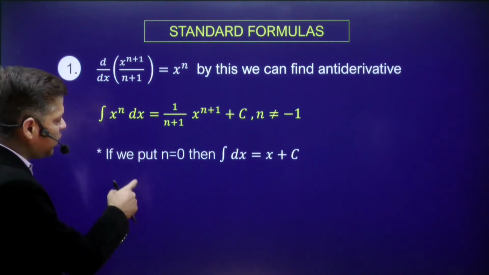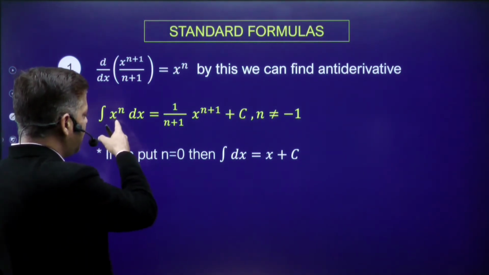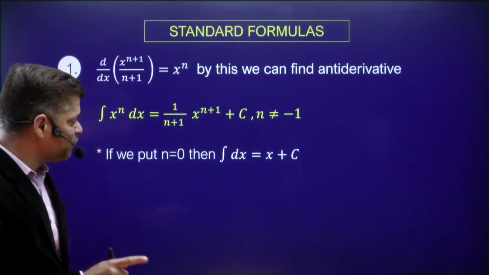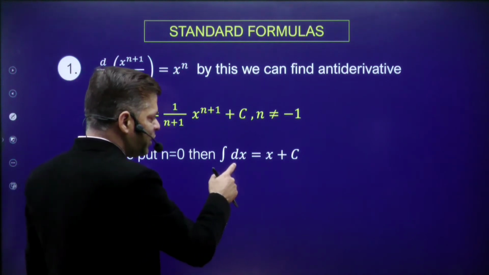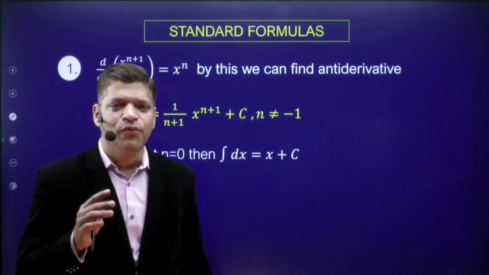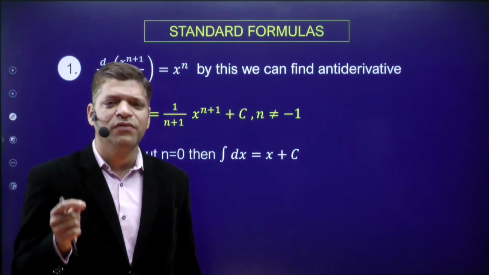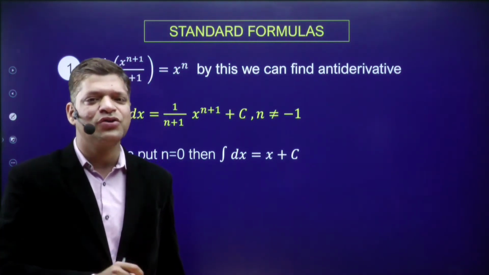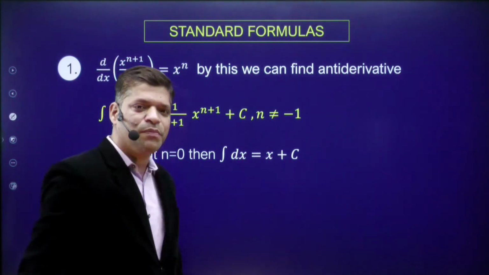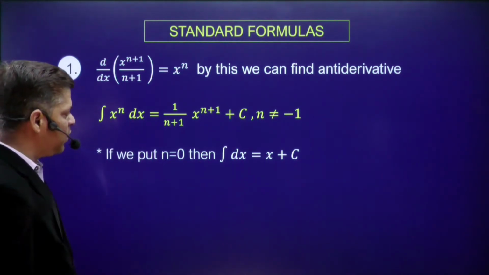Now in this formula if we put n equal to 0, it converts to x raised to the power 0, and x raised to the power 0 is 1. So this is simply the integration of dx. Whenever in a calculation we get the integration of dx, we directly put the result equal to x plus c. This is an important concept from this formula.